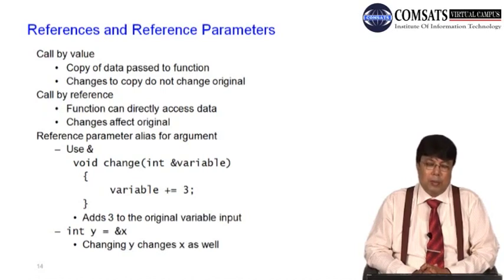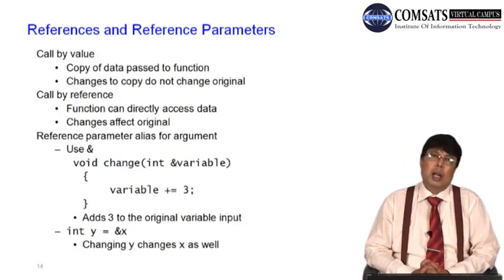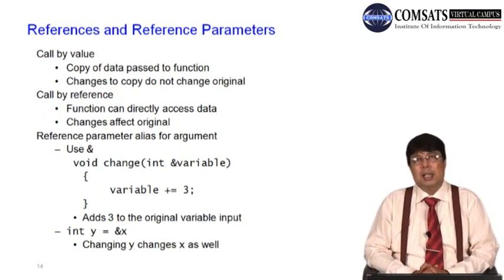One is call by value, where a copy of each and every argument is provided to the called function, and the called function creates its own copy and works on it, and the original data remains intact with the function from where you have called that particular function. So the calling function still has the original copy available and the data remains there.